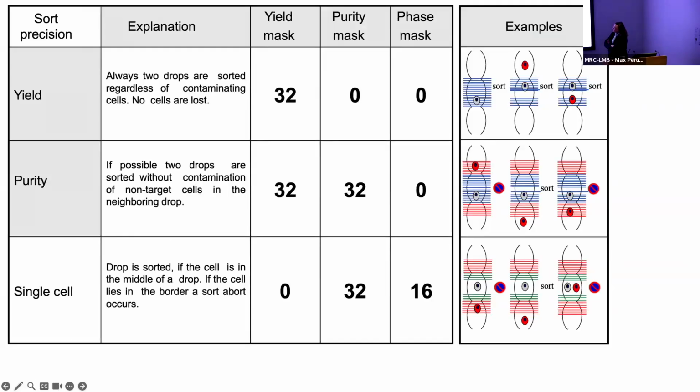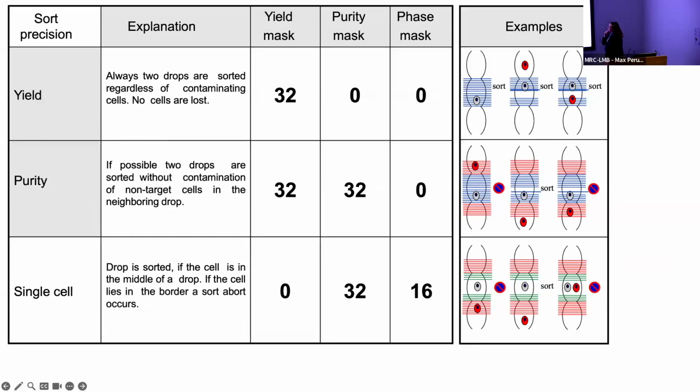I'll focus a little bit on the purity mode. If you look at this schematic here, we have a 3-drop window. The sorted particle needs to fall within the blue lines, so within that area.